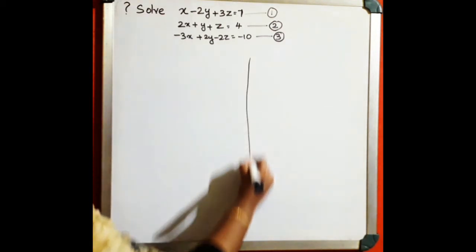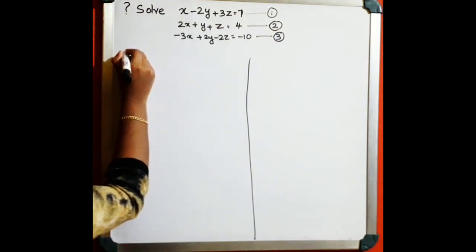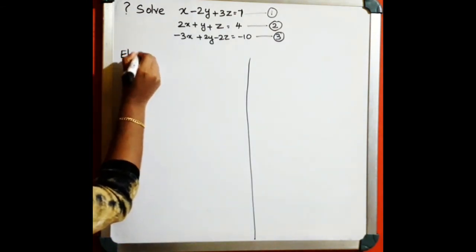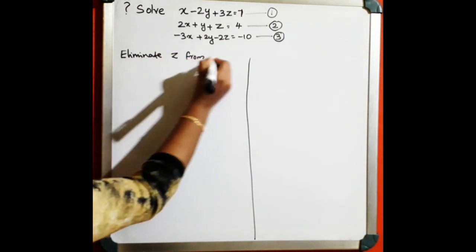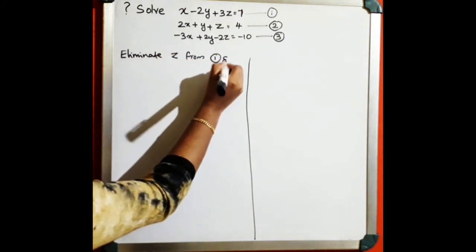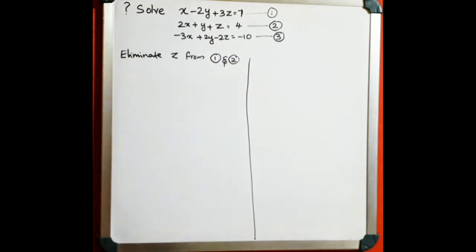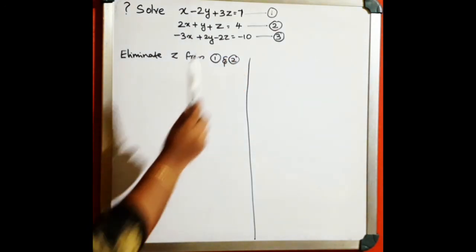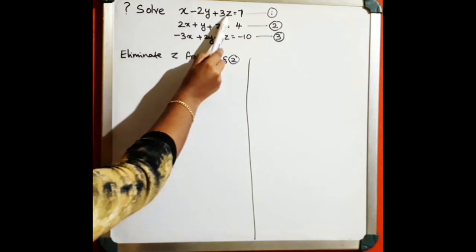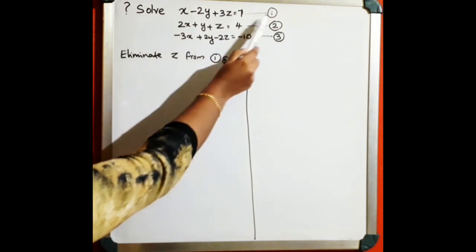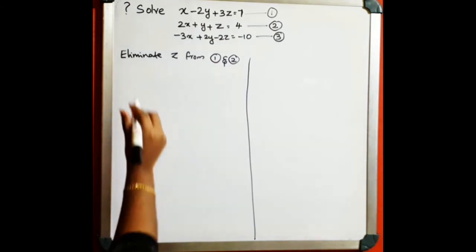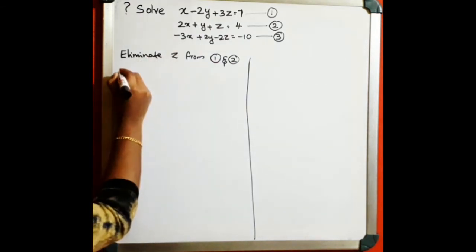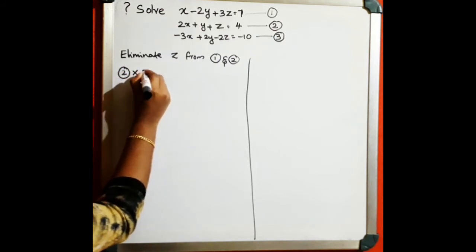First, eliminate z from equation 1 and 2. In this case, the coefficient of z is 3 in equation 1 and 1 in equation 2. To make the coefficient same, first multiply equation 2 by 3.